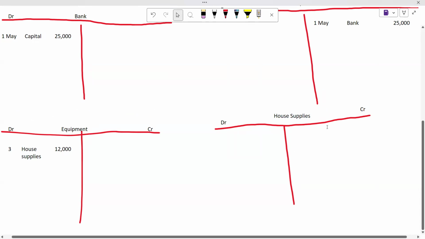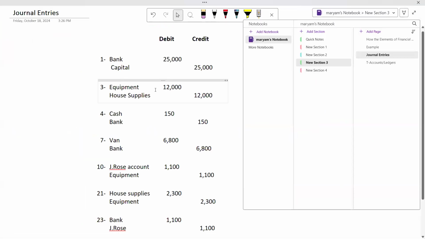Debit here. House supplies was credited for 12,000, and the reason being the equipment that we purchased. And it happened on 3rd May. That's it. We've solved two journal entries.